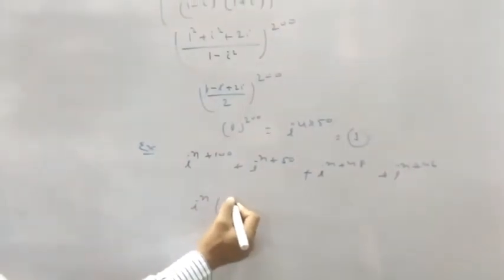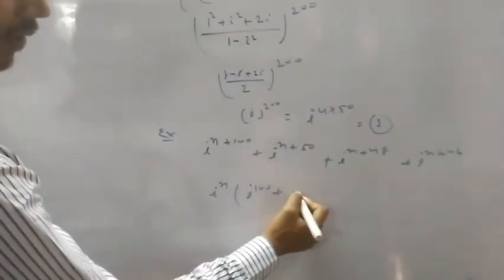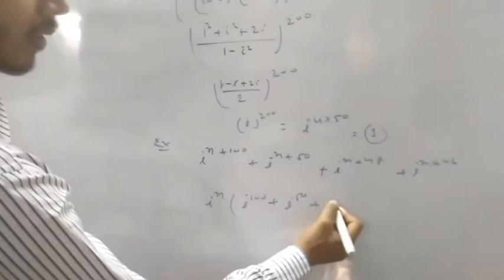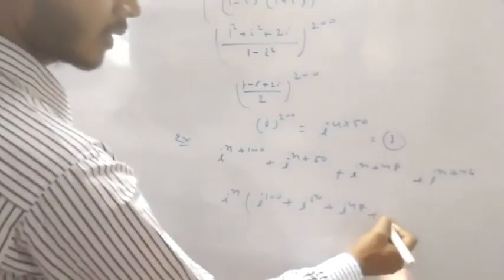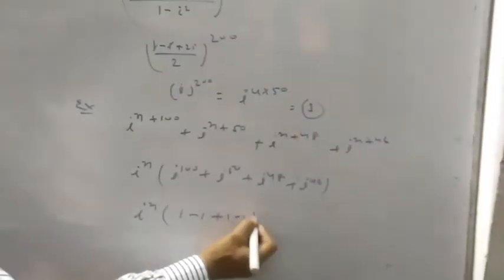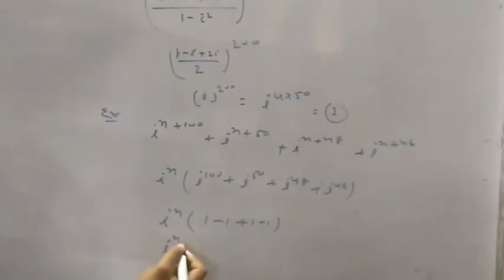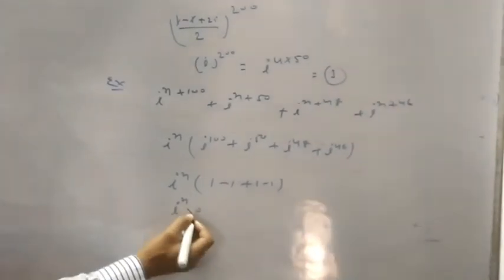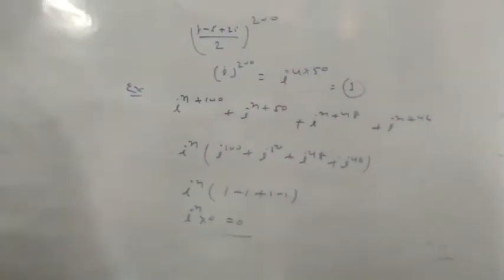You can add i^100 + i^50 + i^48 + i^46, and this is equal to i^n times (1 - 1 + 1 - 1), and i^n times 0 is equal to 0. So find this type of question by this method.